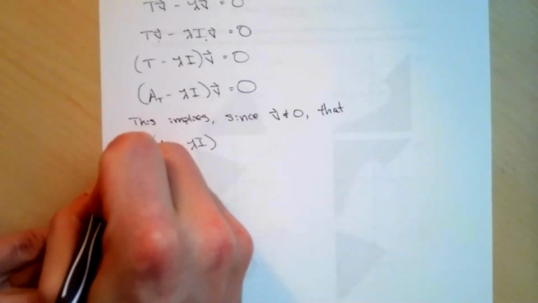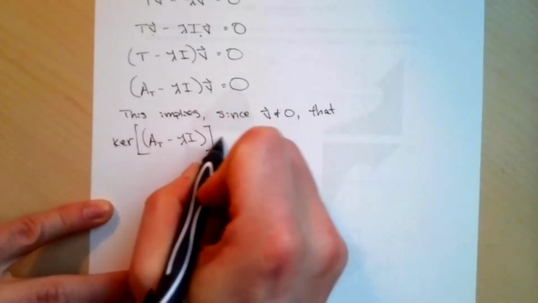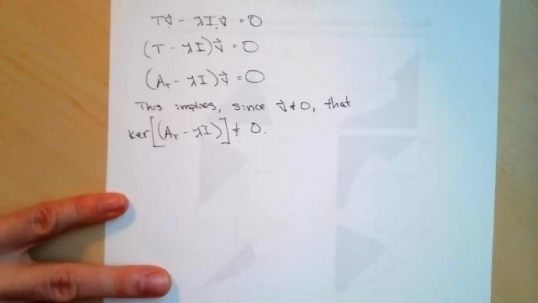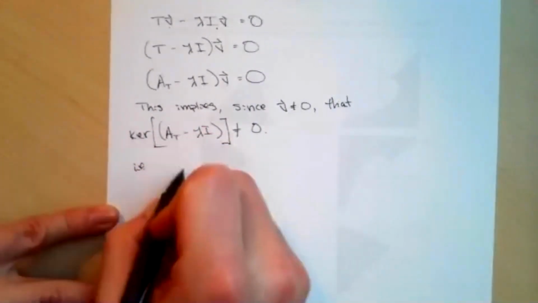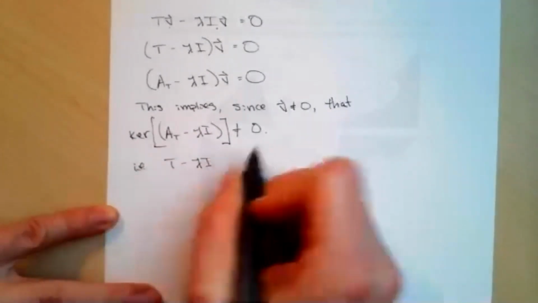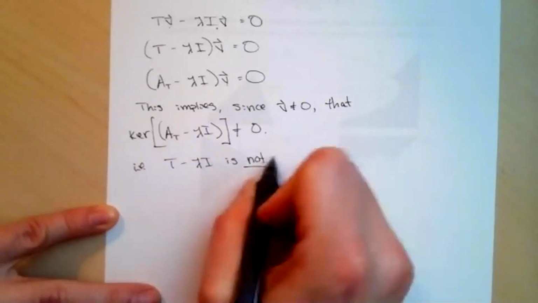So namely, the kernel of that transformation is non-zero. Other ways we can phrase that, if we want to use our transformation notation, T minus lambda I is not injective.